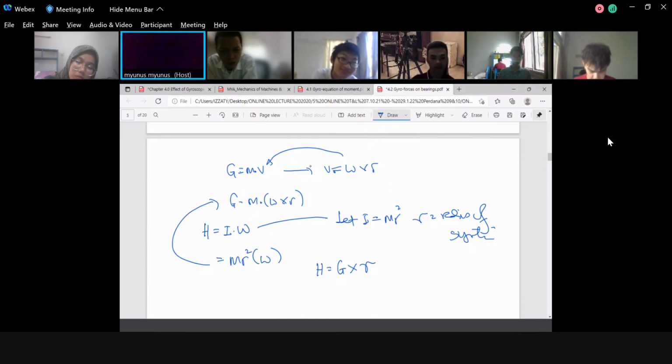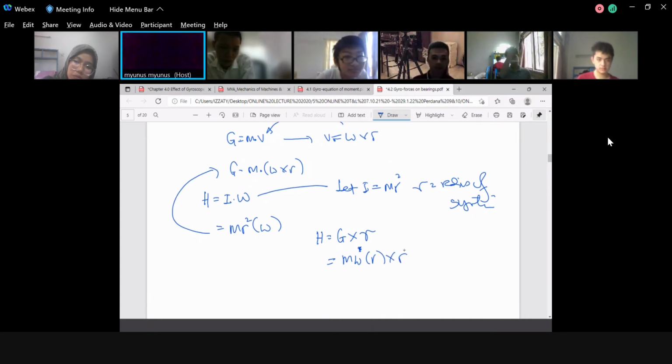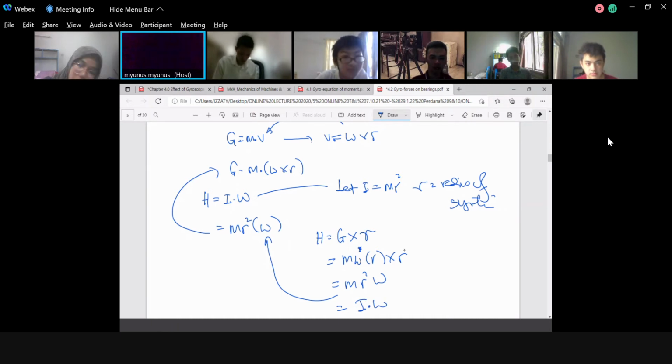So you have m omega, r multiplied by r. If you simplify this, it becomes m r squared omega, which will be equal to I omega, dot product. So it starts with the combination of linear momentum and angular momentum.